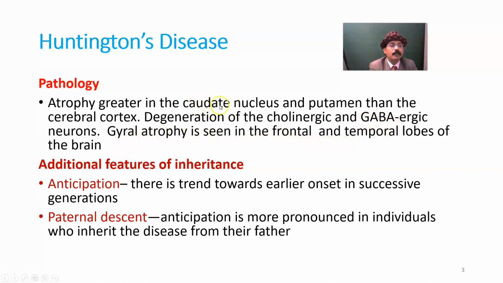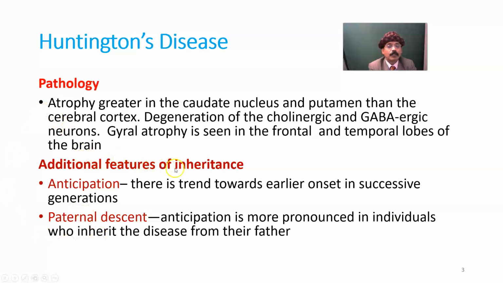The caudate nucleus and putamen are going to be atrophied and degenerated. So we may get hydrocephalus ex vacuo. Due to degeneration of the caudate nucleus and putamen, we get hydrocephalus ex vacuo. There will be cavity formation inside the brain.